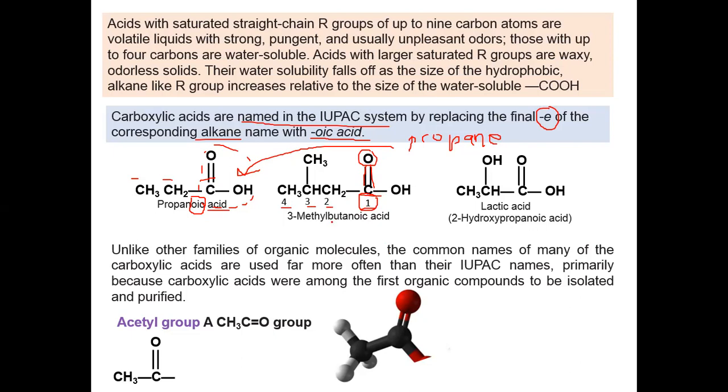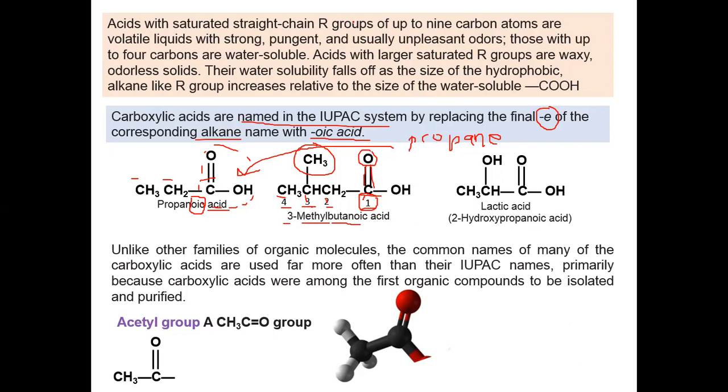Now we see that there is a substitution, a methyl group, on the third carbon. So we say 3-methyl butanoic acid. Why butanoic? Because we have 1, 2, 3, 4, which is butane. If it is connected to the carboxylic group, it's going to be butanoic acid. On top of that, we have a methyl group.